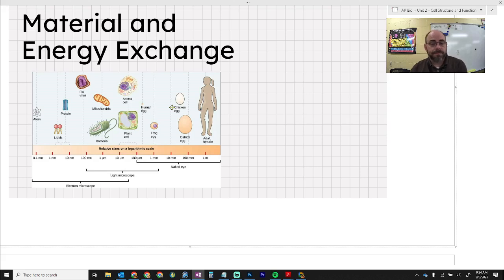Let me explain. Surface area is a squared function, right? And so it goes up in that way, orders of 2. Volume is a cubed function. So as you increase the size of the cell, the surface area is increasing by a squared function, but the volume is increasing by a cubed function. So the volume is increasing a lot faster.